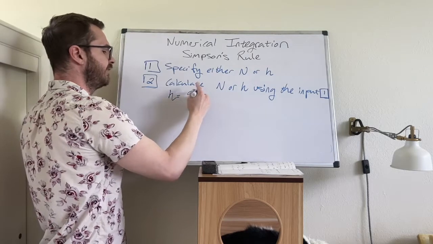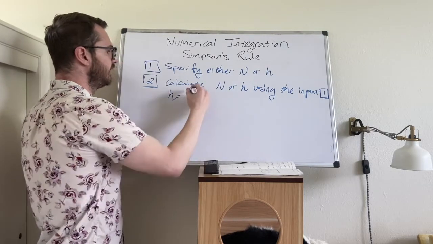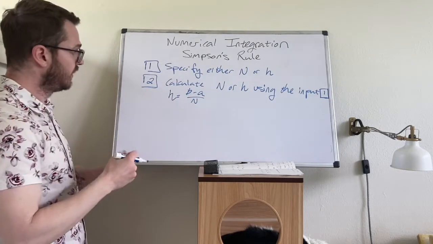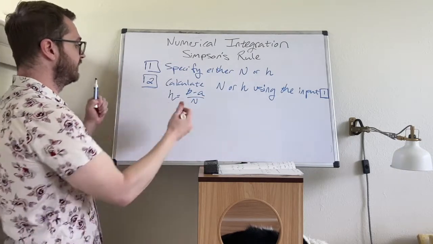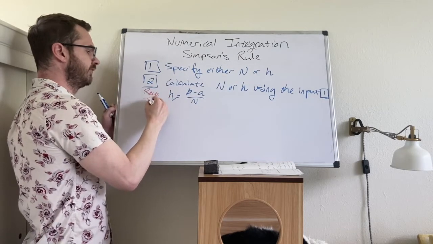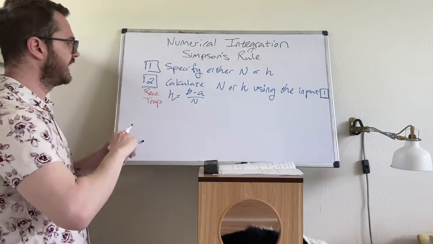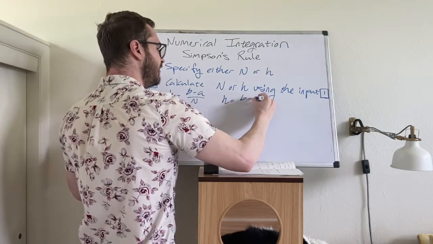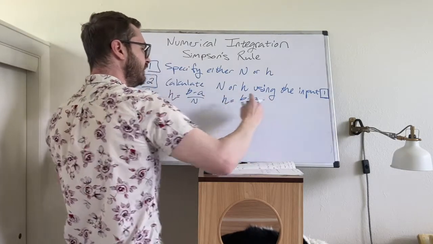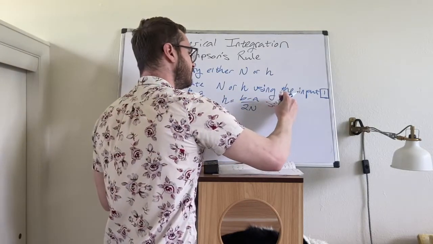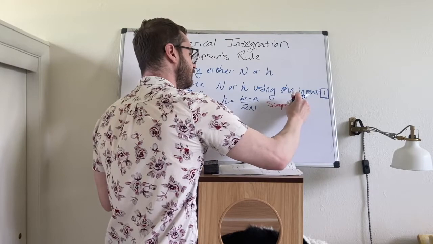You could have h is equal to b minus a over n. This is rectangular rule or trapezoidal. Next, you could have h is equal to b minus a over 2n, and this would be Simpsons rule. Okay.